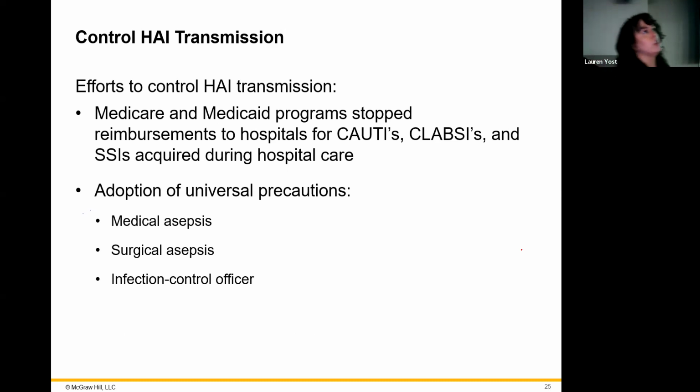So how do we control these infections in healthcare settings, especially in larger hospitals? Medicare and Medicaid programs will stop reimbursements to hospitals, stop their funding towards hospitals if they are not meeting their required levels of those top 3 diseases, right? The catheter related and the central line and the surgery illnesses.